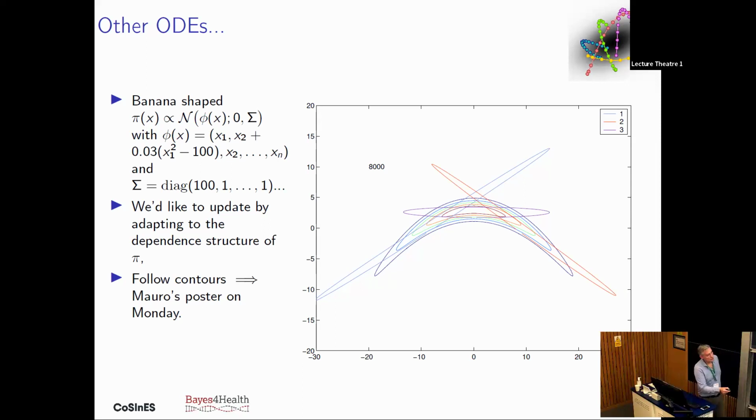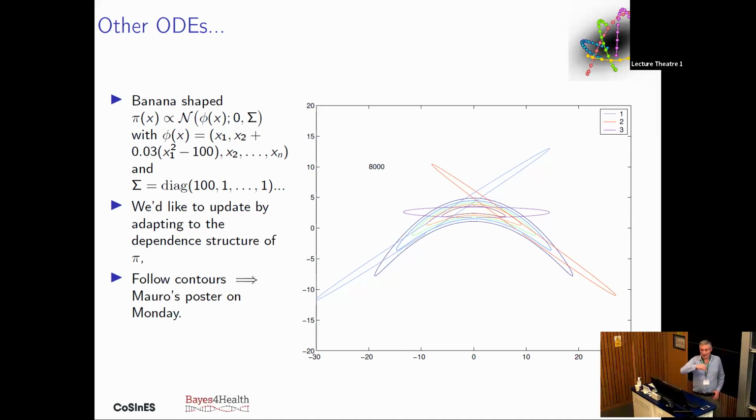And these are the contours of the banana distribution. Of course, when we update x1 and x2, what we'd like to do is to exploit the dependence structure of the target distribution. If we do a Gibbs sampler, for example, if you move horizontally, you can see that you're not going to go too far, especially in the tails.